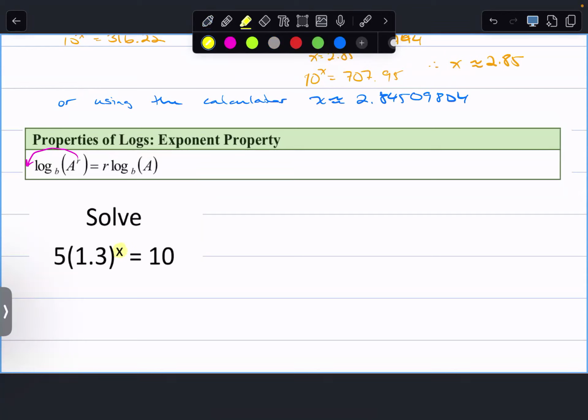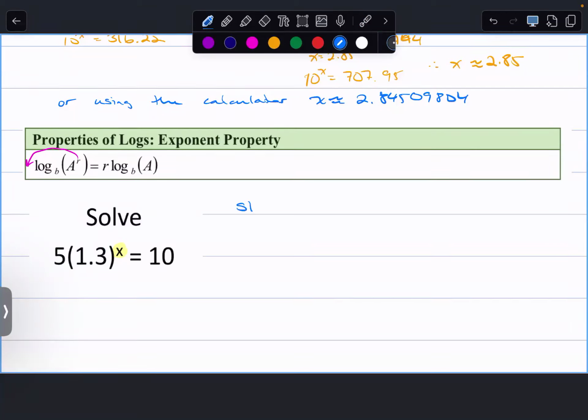That's not the easiest thing, but the first thing you want to do is isolate the exponential function. You don't want to have 5 here because 5 isn't to the power of x. And so the first move is to move this 5 over to the right-hand side so that you're just left with the exponential function.